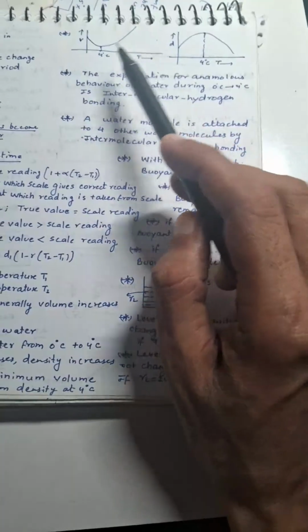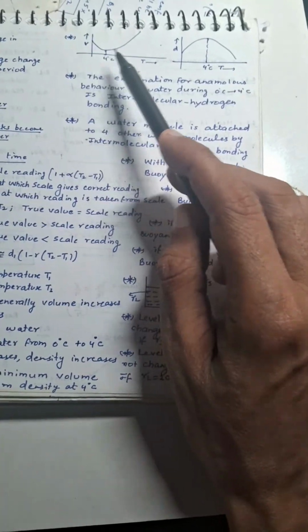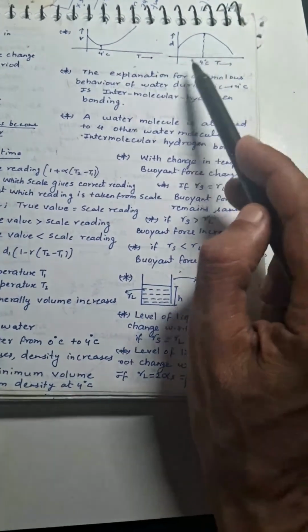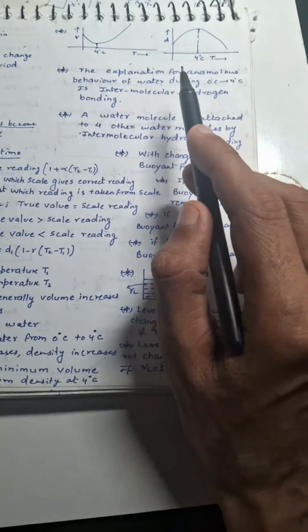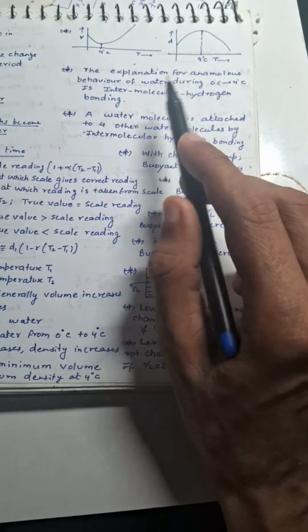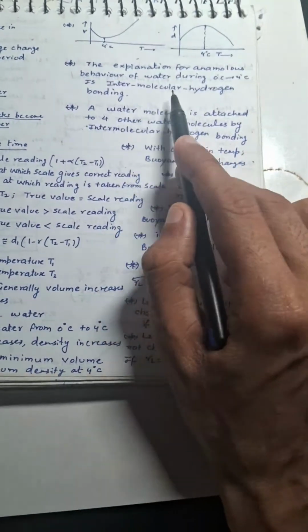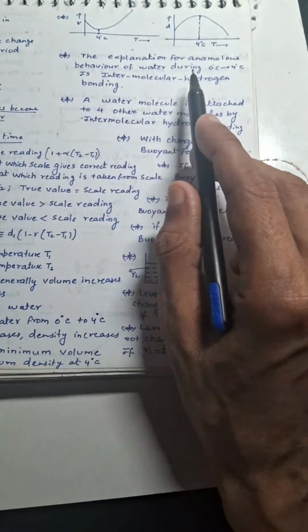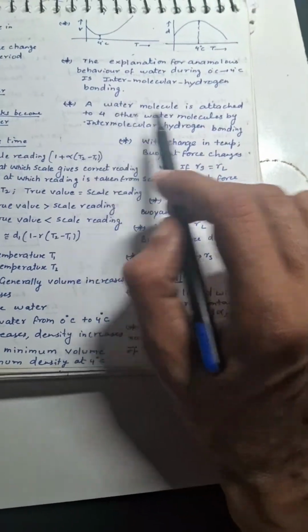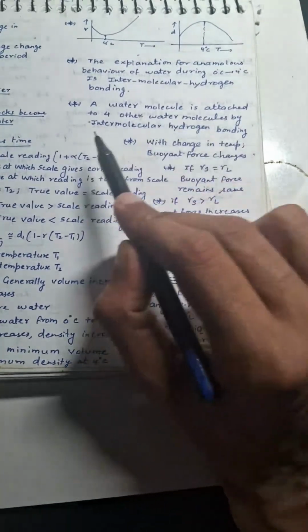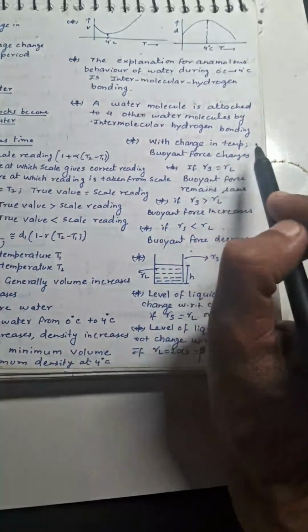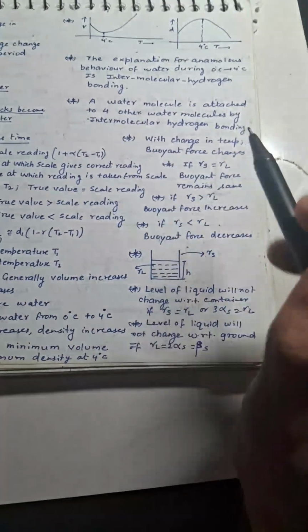As you can see in the graph, water has minimum volume and maximum density at 4 degrees centigrade, and it is due to intermolecular hydrogen bonding. The explanation is because of this intermolecular hydrogen bonding, which is a topic of chemistry itself. A water molecule is attached to 4 other water molecules by bonding, and with change in temperature the bond force changes obviously.